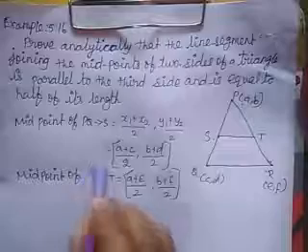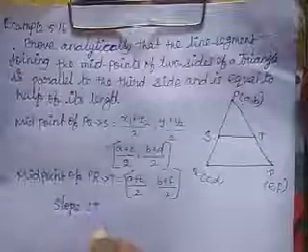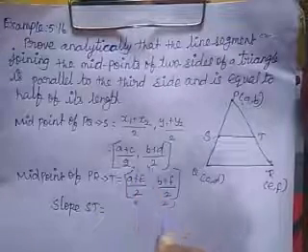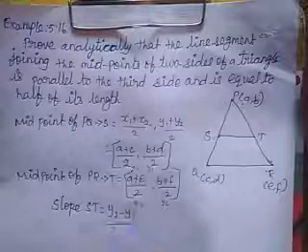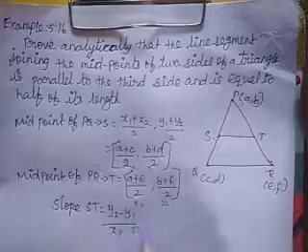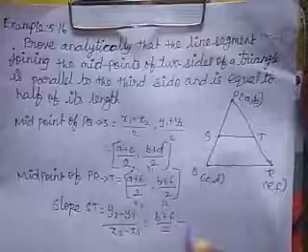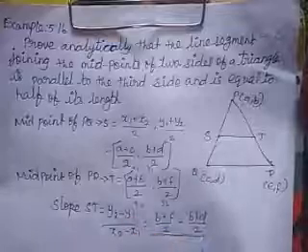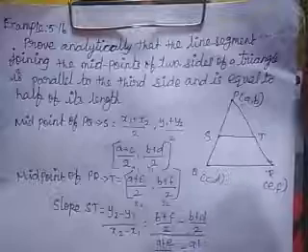Now, shall we find the slope of ST? So slope of ST is equal to, here this is x1, y1, x2, y2. You know that slope formula, y2 minus y1 by x2 minus x1. Here y2 is B plus F by 2 minus B plus D by 2 divided by x2 is A plus E by 2 minus A plus C by 2.